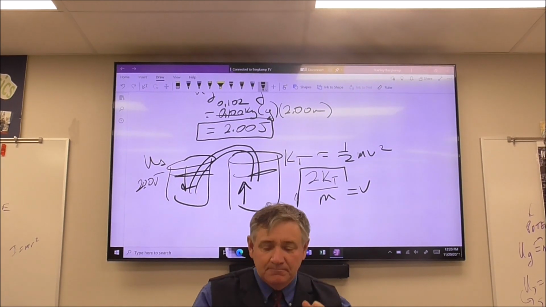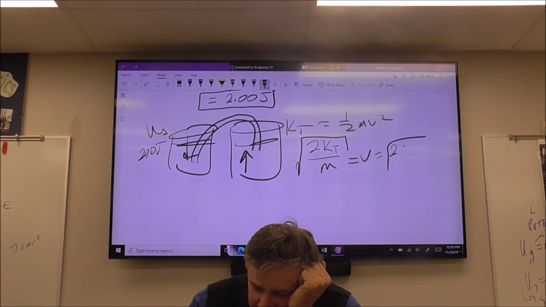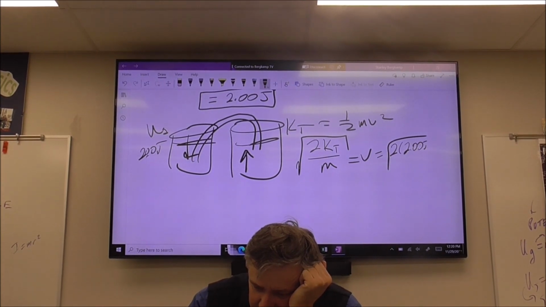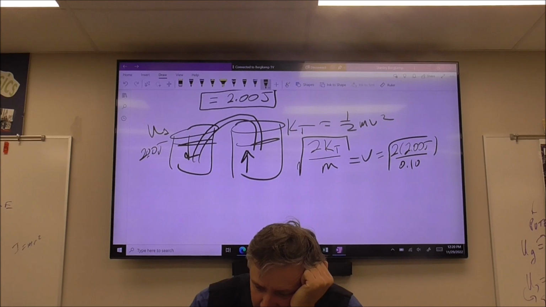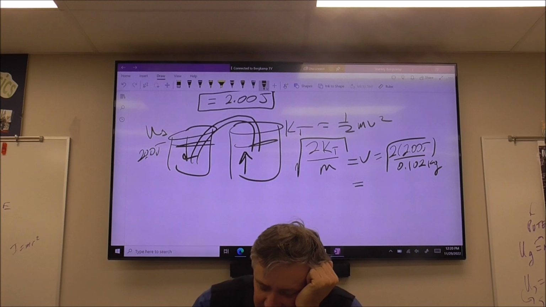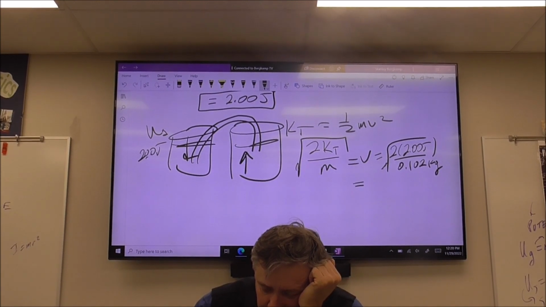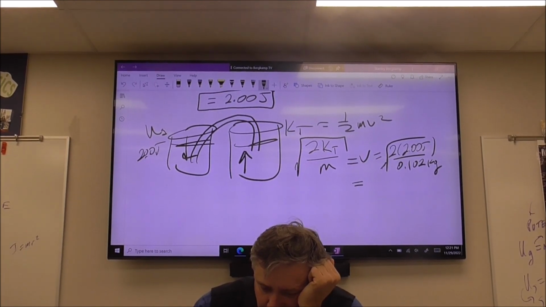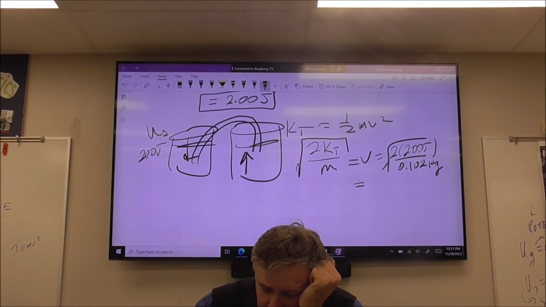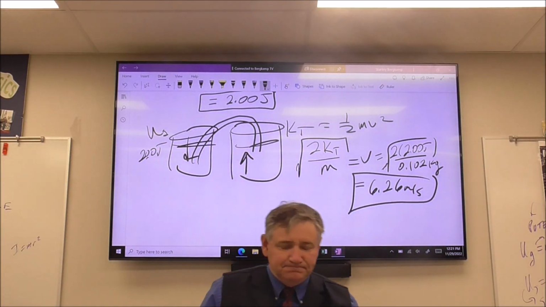So in this case, I'm going to take 2 times 2 joules divided by a mass of 0.102 kilograms. Let me know what you get. Don't forget to take the square root. 6.26 meters per second. That's how fast it's going when it hits the ground.